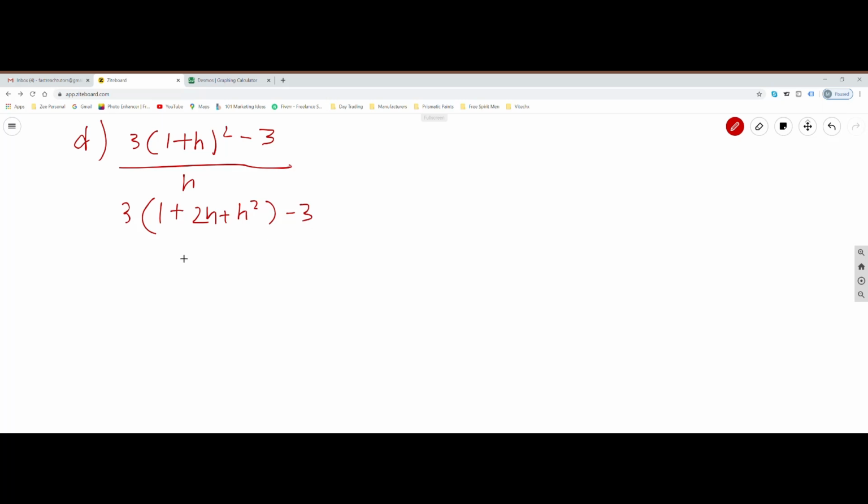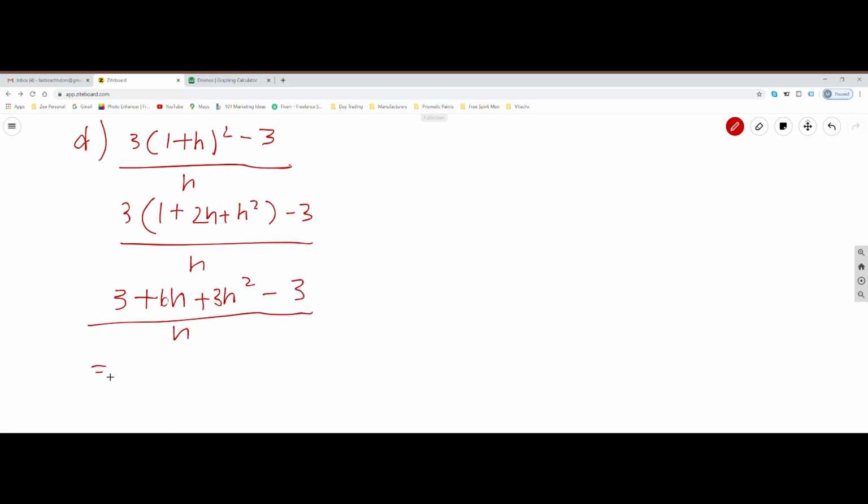minus 3 over h. So you have to multiply the 3 to everything in that bracket. So it's 3 plus 6h plus 3h squared minus 3 over h.